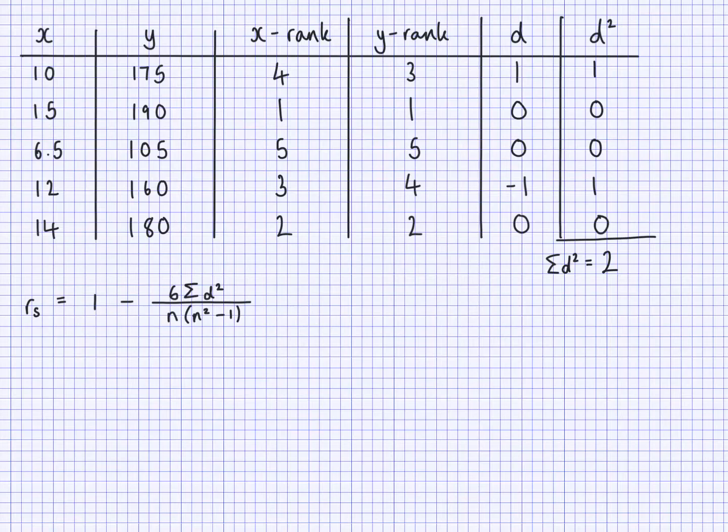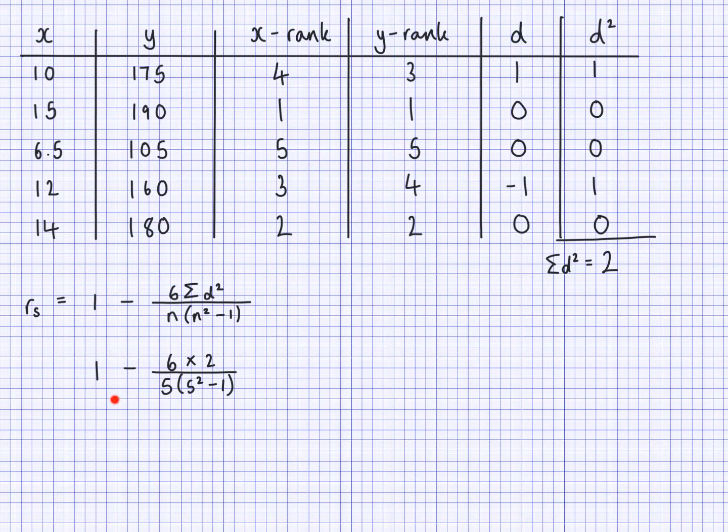Now, what I need to do is substitute. So 1 take away 6 times this 2, because I know that the sum of d squared is equal to 2. So 6 times 2. And I need to divide this by n. So n for us is 5. So 5 times 5 squared take away 1.